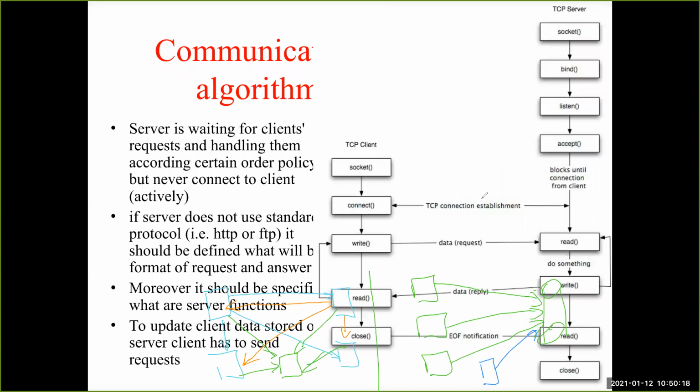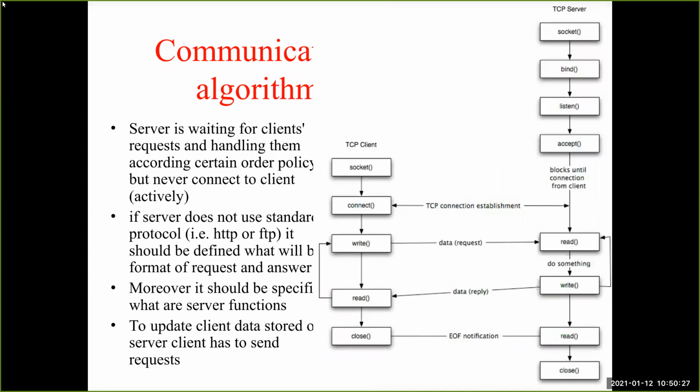But the client-server architecture has some limitations. And now I'd like to show you what the limitations are, and what the difference is between client-server architecture and peer-to-peer. So look, we have two different applications, so they are distinct.